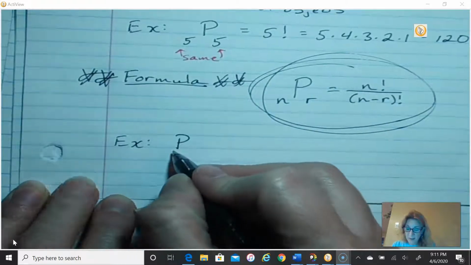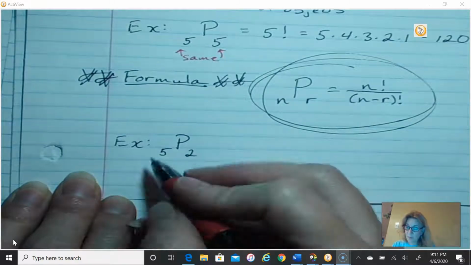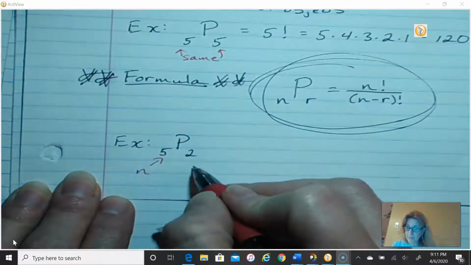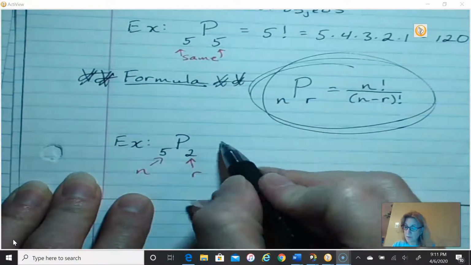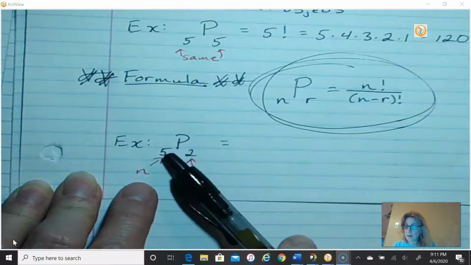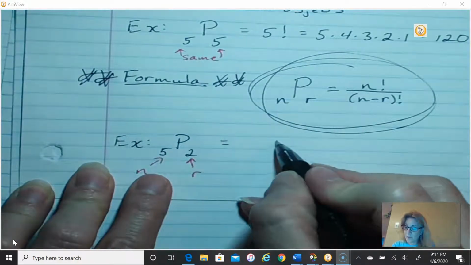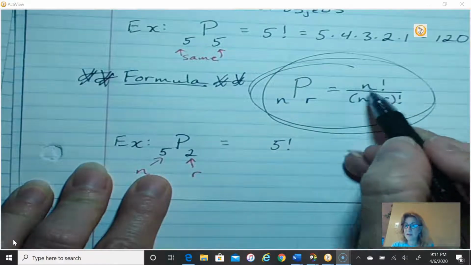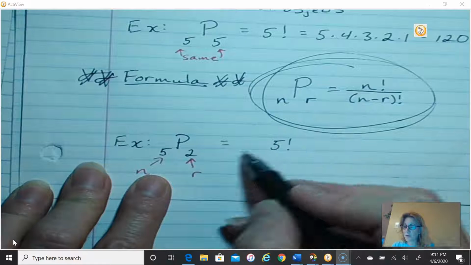Let's say I have a P and 5 and 2. Remember, this is my n, that's my r. So, look right here. N factorial, remember n, it's 5, so 5 factorial.